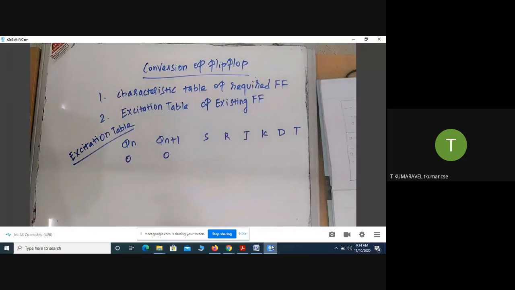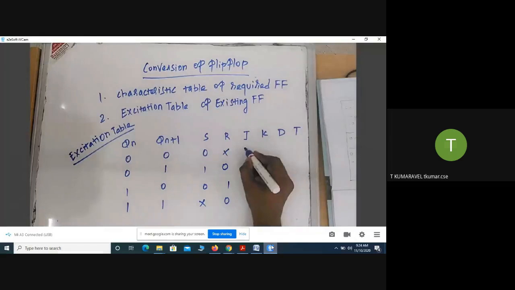So I'm taking the output combination 1 1. This is the excitation table of SR, 1 0 0 1 X 0. This is the excitation table for JK, 1 X X 1.